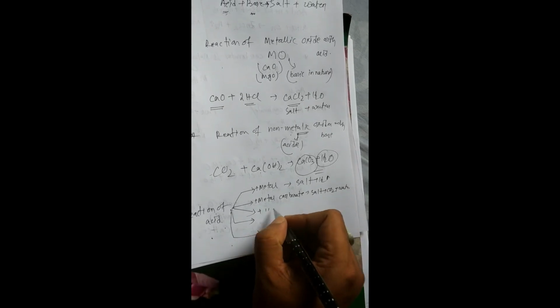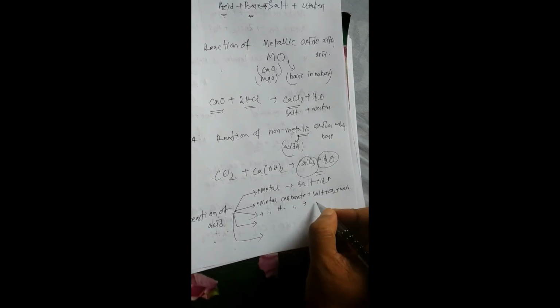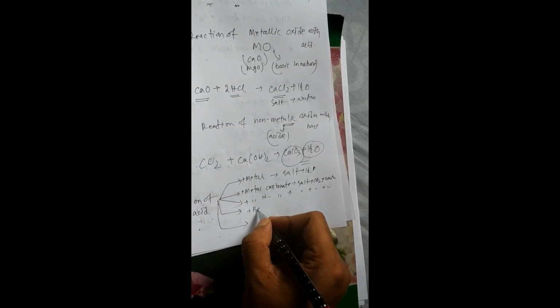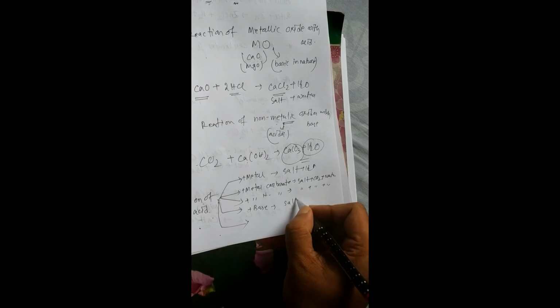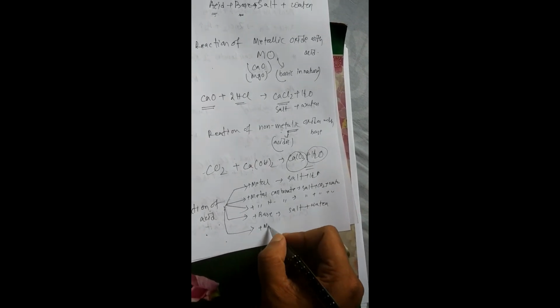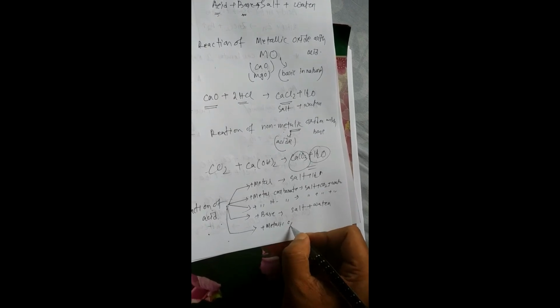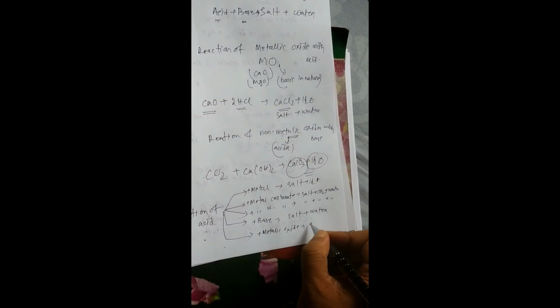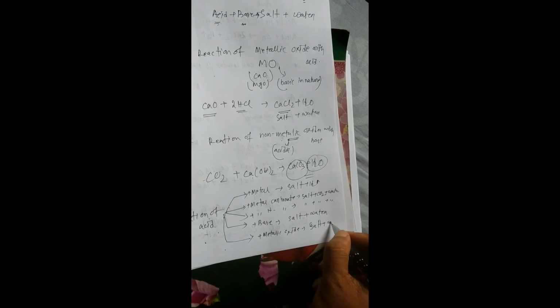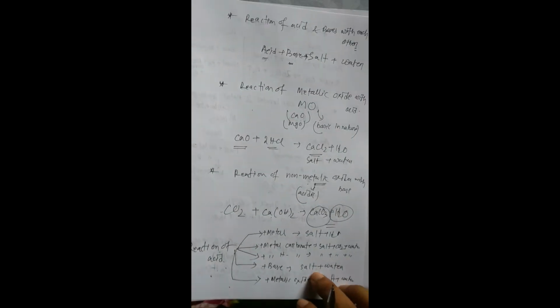With metal hydrogen carbonate, it will produce salt plus carbon dioxide plus water. With base, it will produce salt plus water. And with metallic oxide, it will again produce salt as well as water. So students, this is a chart of the reactions of acid with different metals, metal carbonate, metal bicarbonate, base, metallic oxide and so on.